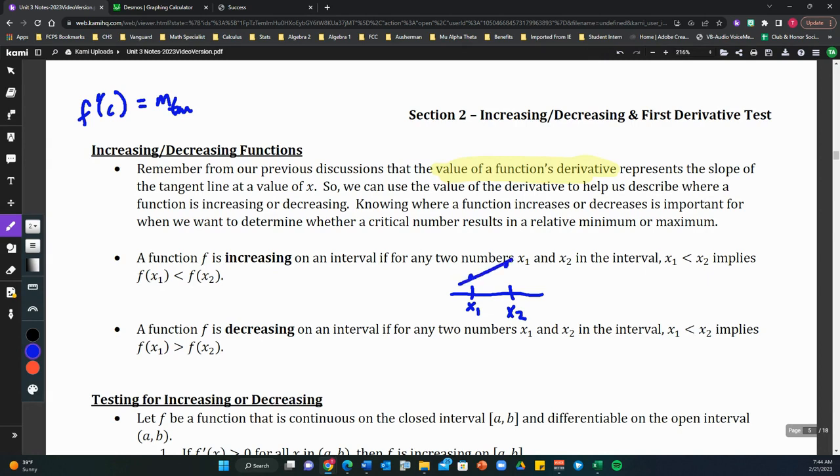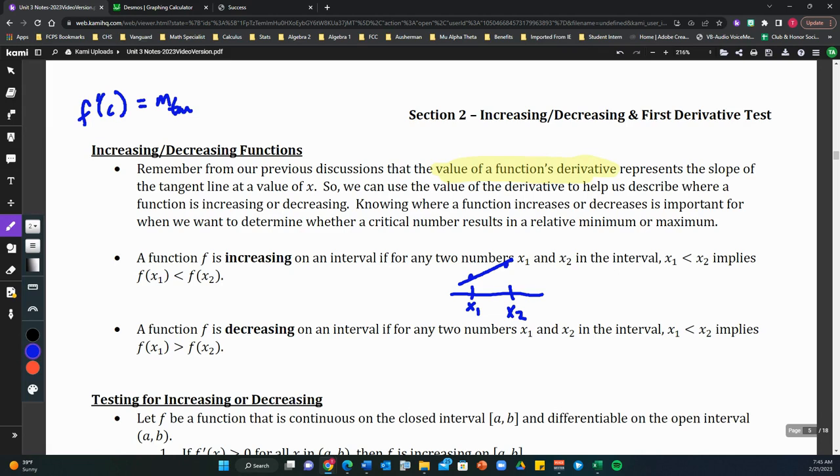That would result in a graph that increases. Now, it may not be a straight line, but in general, that's the idea. For any two values of x in the interval that it's increasing on, this relationship will always be true. The fact that the first x occurs before x2 implies that its y coordinate is smaller than the second.